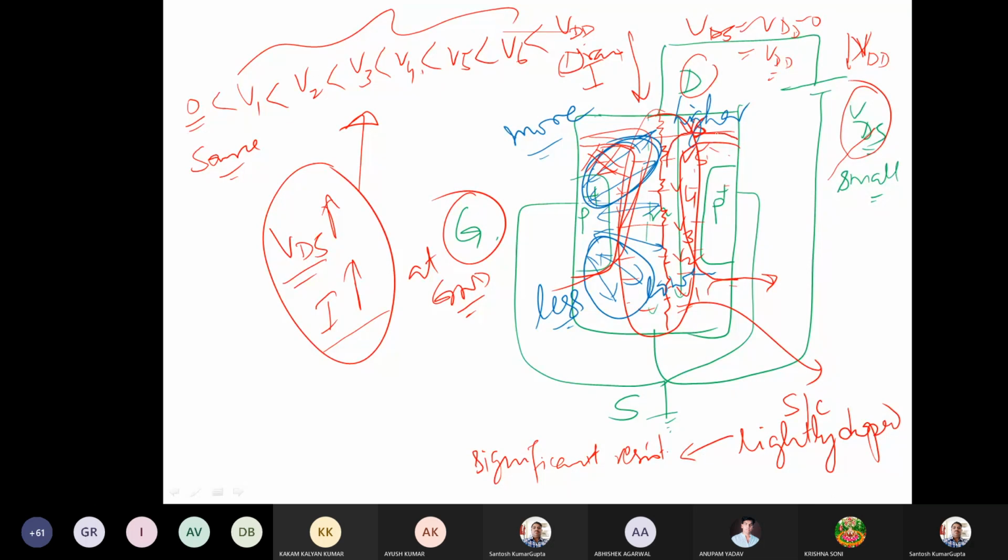There may exist a VDS for which the depletion regions of both sides will start touching almost each other. For this VDS, it looks like the current is going to become zero.